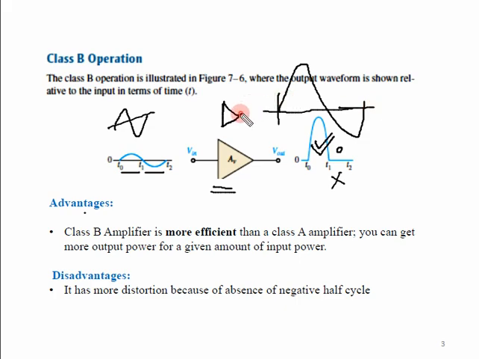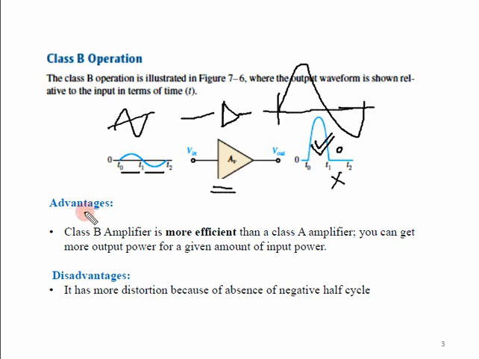Basically this is your class A amplifier. Over here, the class B amplifier conducts for one half cycle, either the positive or negative half cycle of the input signal.